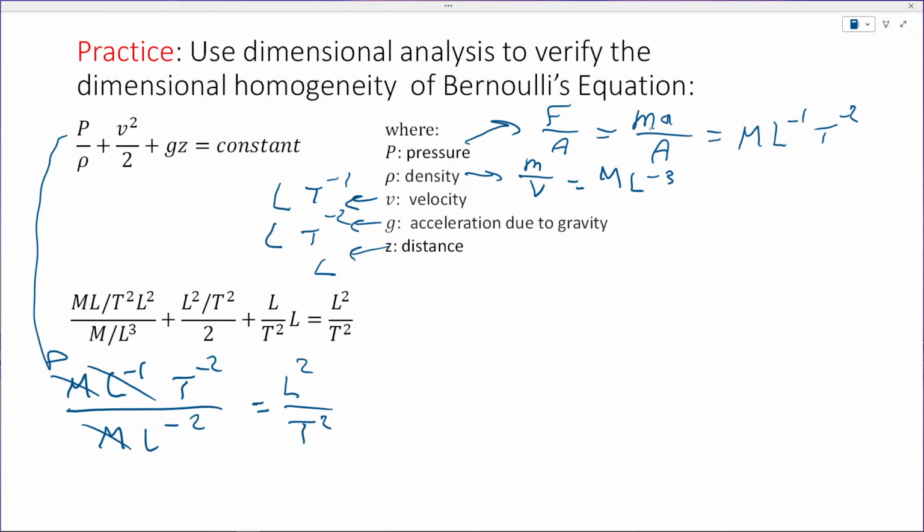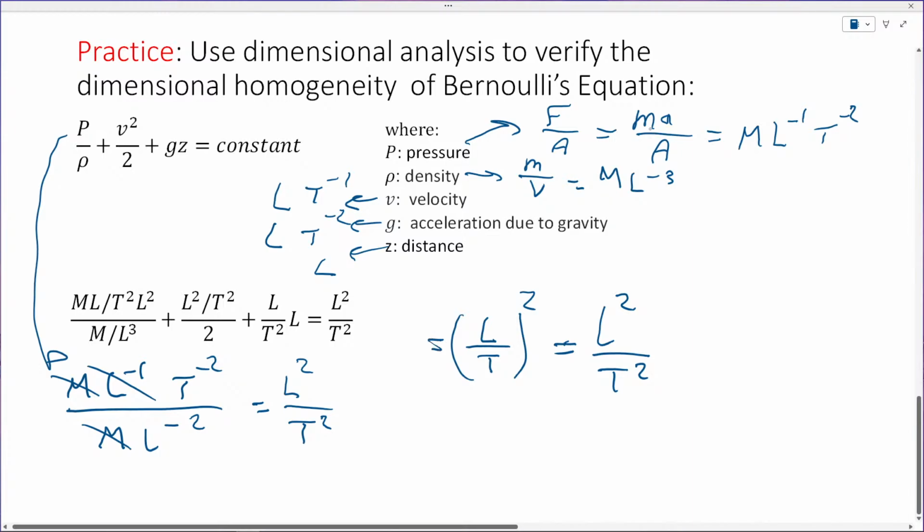Now let's do V square. Velocity is L over T, and then we square it, so that would be L square over T square. That's for the velocity, which is what we have here.